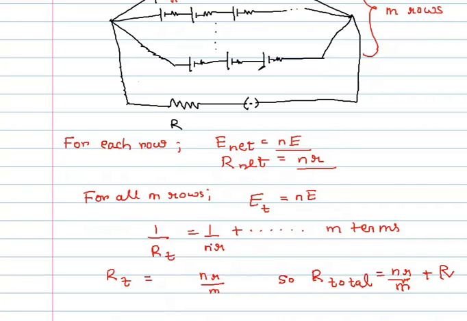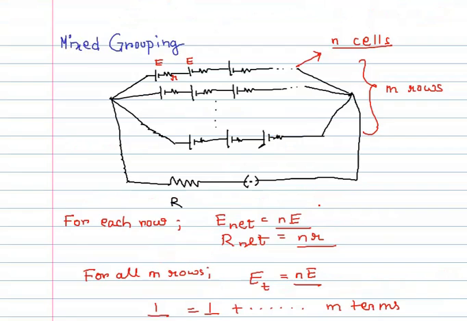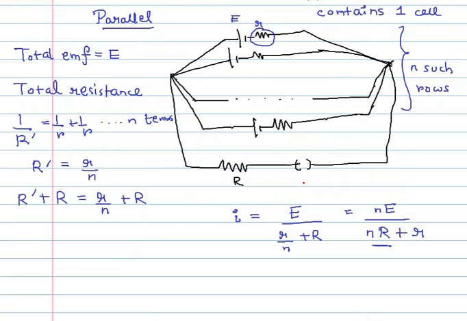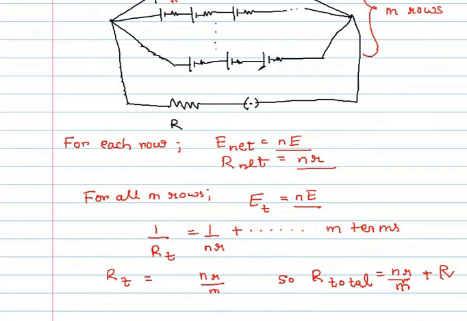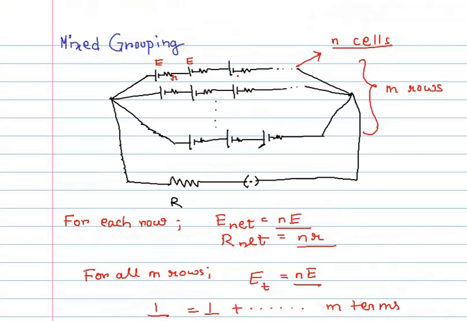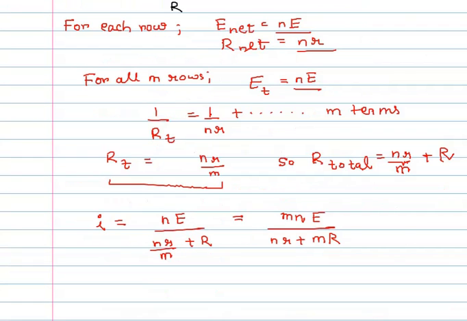So these nr are in parallel for the m rows, and the EMF will still remain nE, as we saw in the case of parallel combination, that the EMF remains the same. And then whatever resistance we get is the resistance of the battery formed due to the combination of all these cells in series and parallel. And then we have the external resistance R, and adding them up, we get the expression for the current. So this is the current which is flowing in the circuit.